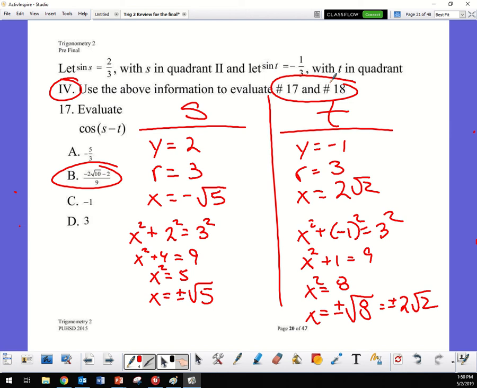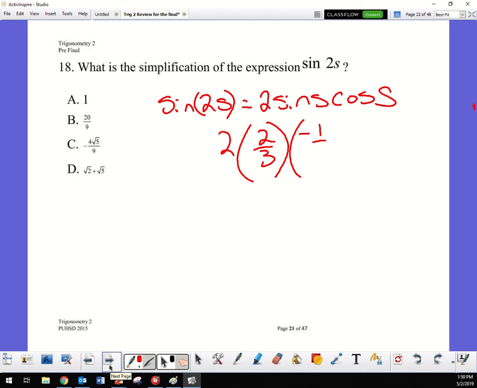Here's s, right? Cosine is going to be x over r, so it's negative rad 5 over 3. Do my multiplication.